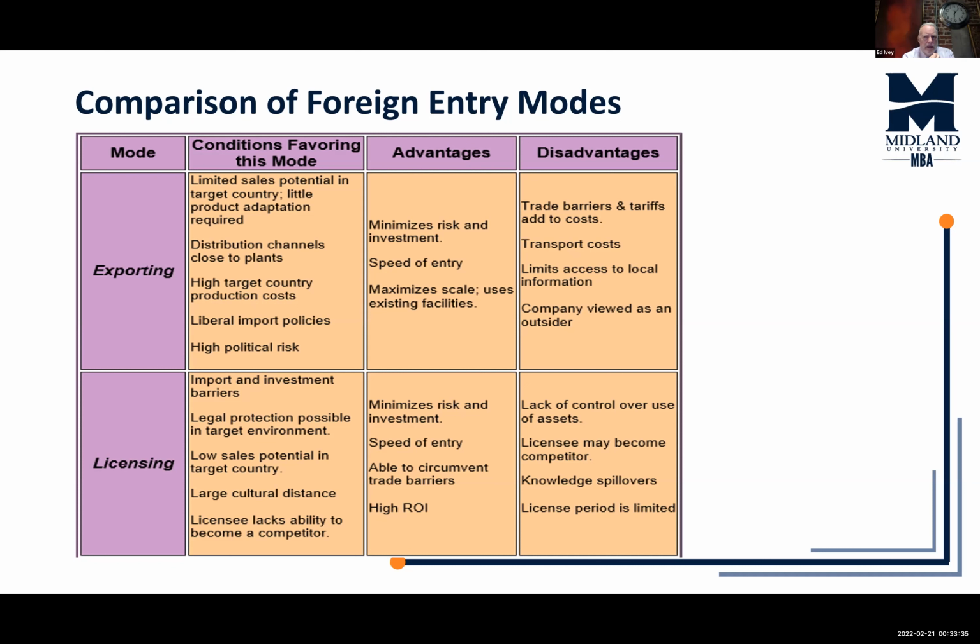You're still getting the money as long as the licensee is paying. But if you have a short license period, if the knowledge from your product or service is taken over by the licensee and then shortens that period, or if that licensee becomes your competitor because you have lost control there, those are disadvantages.